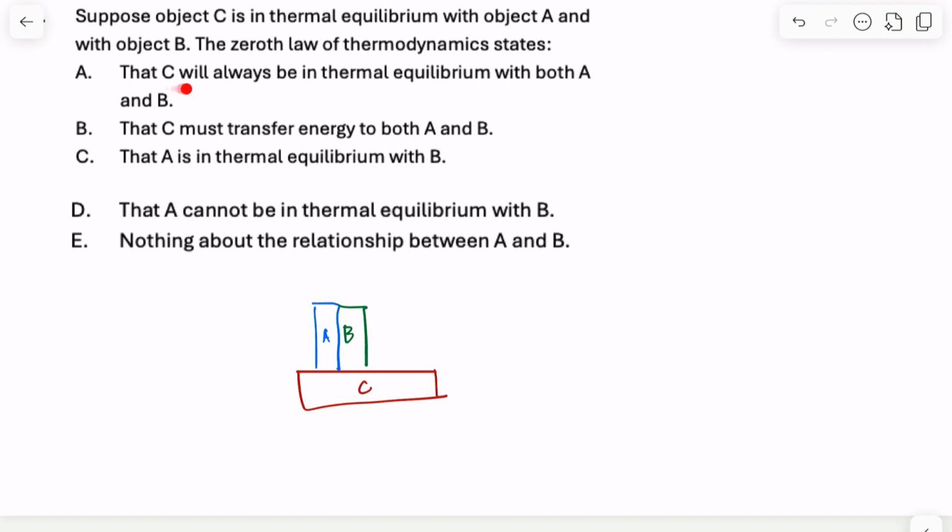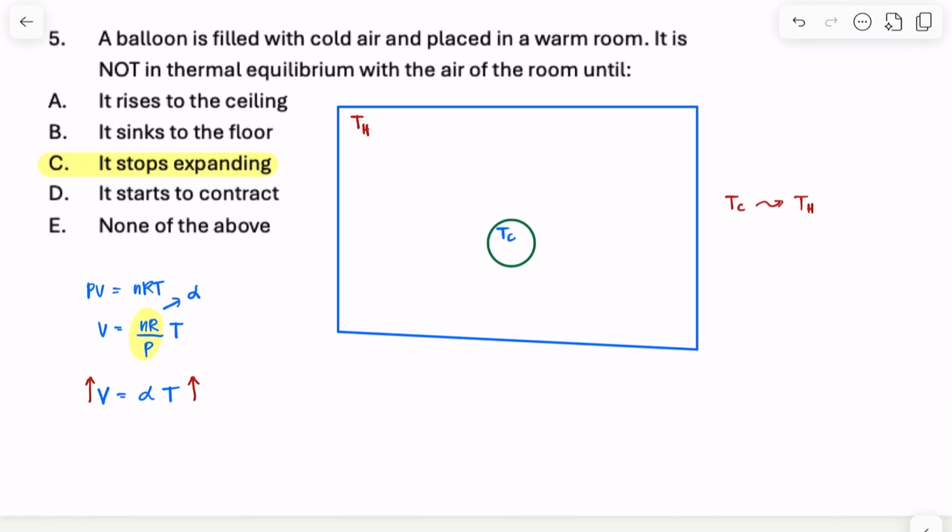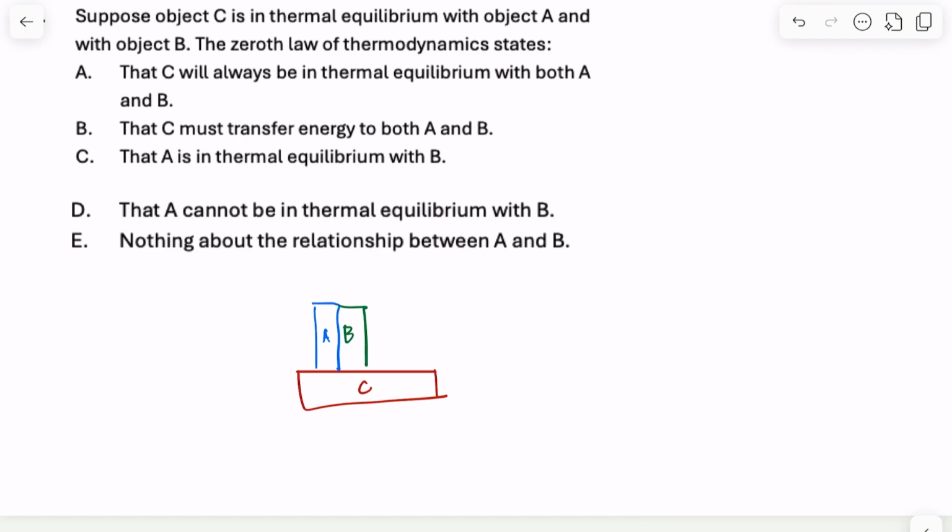It says here that C will always be in thermal equilibrium with both A and B, that C must transfer energy to both A and B, that A is in thermal equilibrium with B, that A cannot be in thermal equilibrium with B, nothing else. Basically this is a straightforward definition of what thermal equilibrium is.